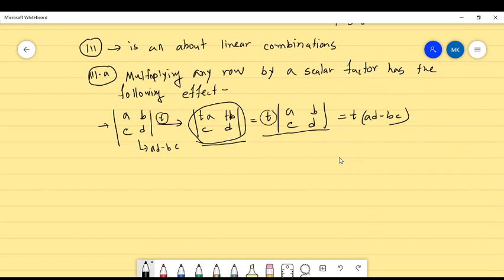So this is our 3A, and our 3B is adding something with a row.